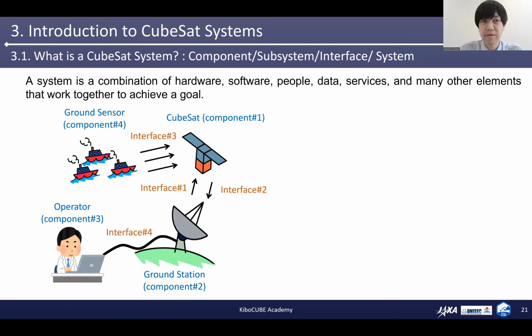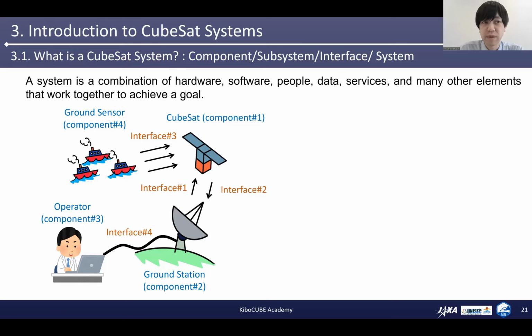Let us now consider the relationship between CubeSat systems and its payload. First of all, a system is a combination of hardware, software, people, data, service, and many other elements that work together to achieve a goal.